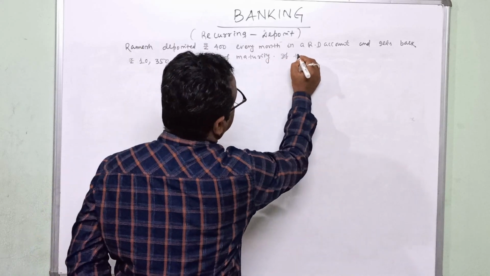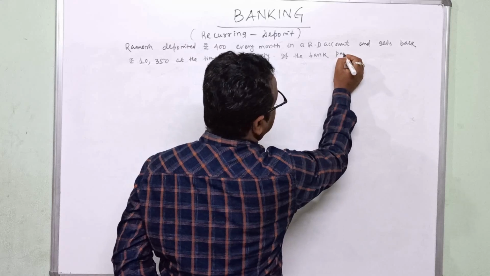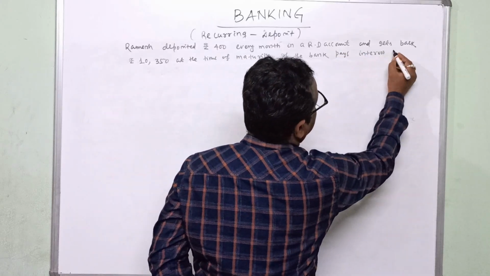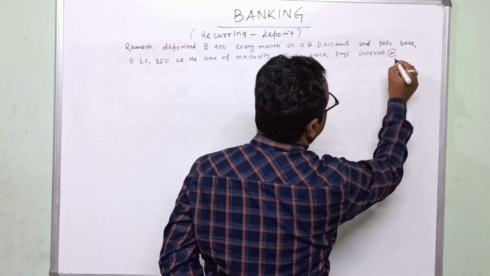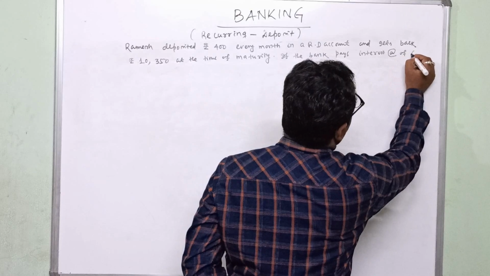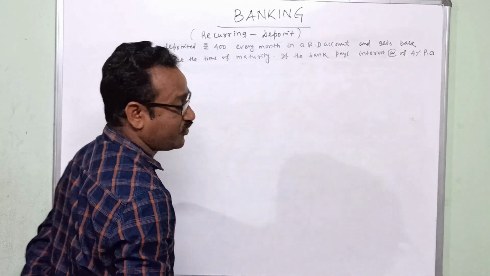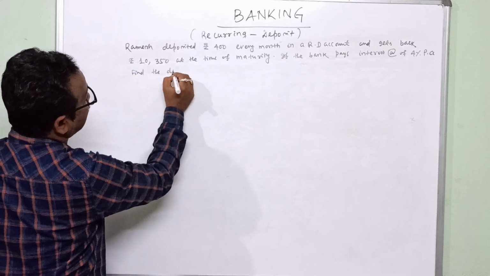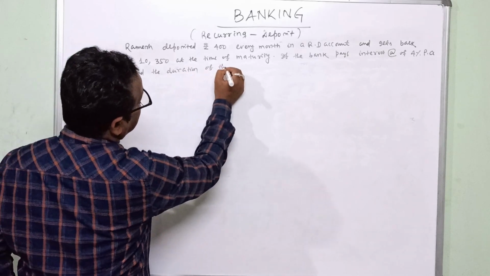If the bank pays interest at the rate of 4% per annum, find the duration of the account.